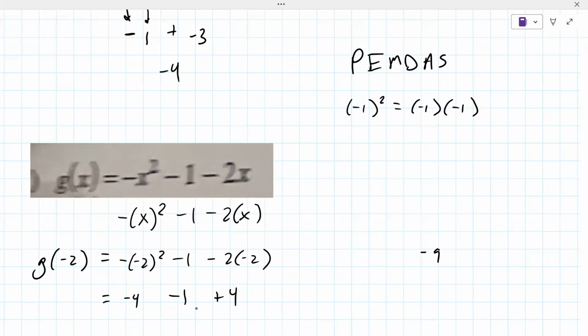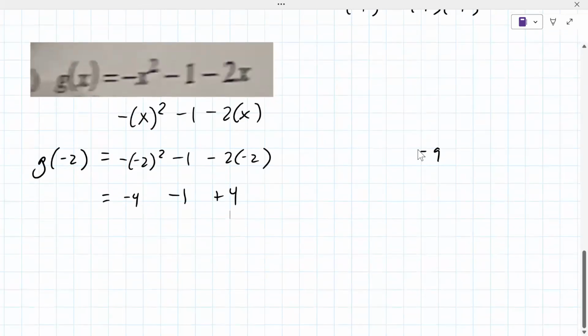Oh, okay. So how do you want to change your answer? That's -1.